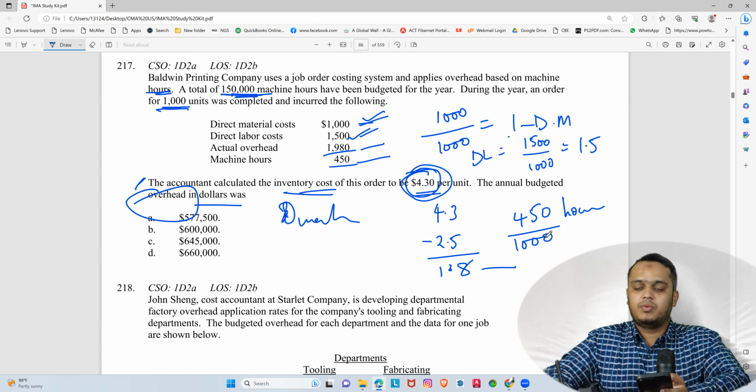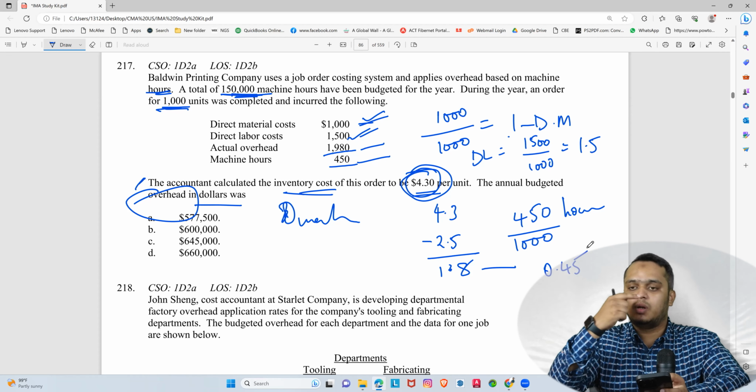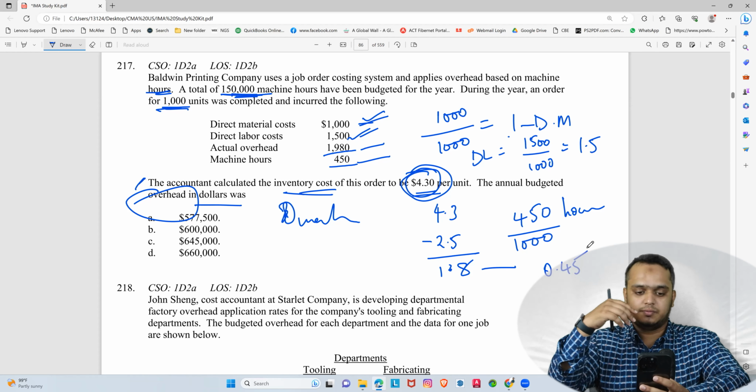So basically it is 0.45 it took me to make 1 unit. To make 1 unit, it's 0.45. So per unit my cost is how much? 1.8.